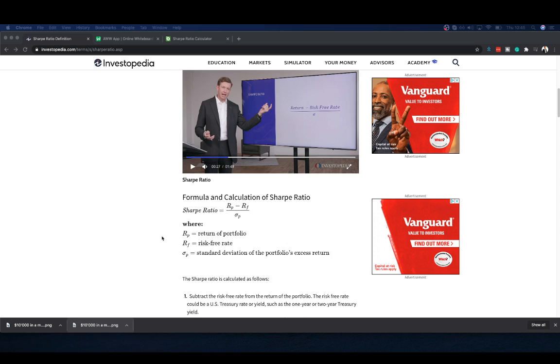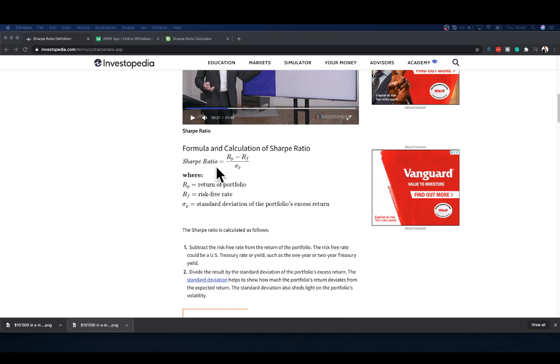Okay, this is the formula, but you don't really need the formula. There are a lot of tools online that you can use, but the formula is very simple. You subtract the risk-free rate from the return of the portfolio, and you divide by the standard deviation of the portfolio.